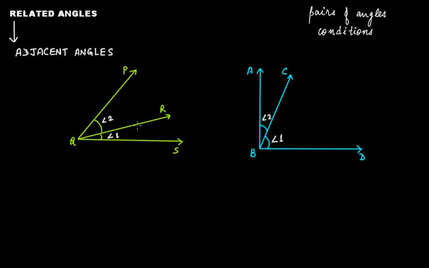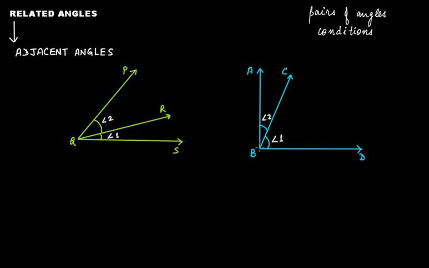Okay, here we will not think about what would be the sum of the angles. That doesn't matter. What matters is one common arm, one common vertex, and it should be in this way. Right? Same thing here. Here you can see that angle ABC is angle 2, and angle CBD is actually angle 1.